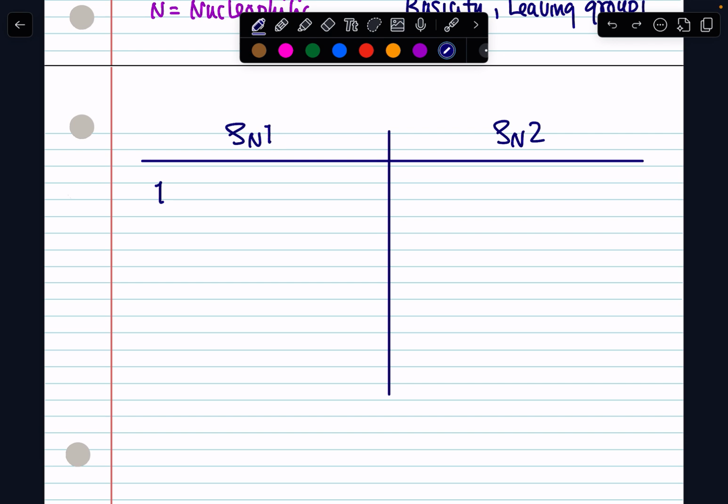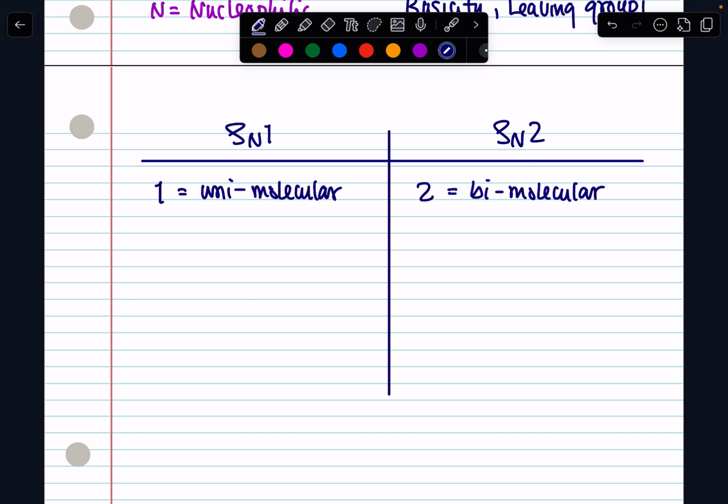One basically means that this is essentially unimolecular. Two means bimolecular.